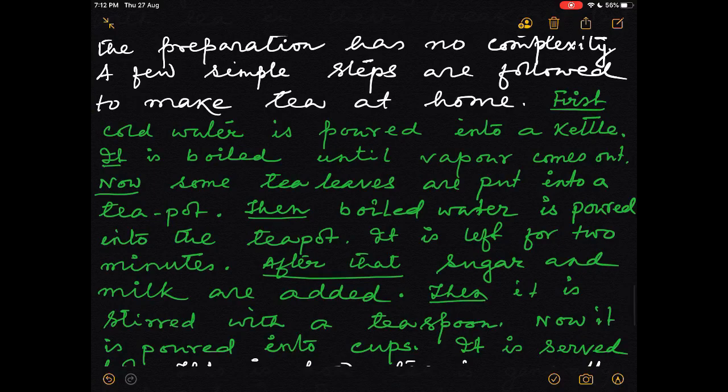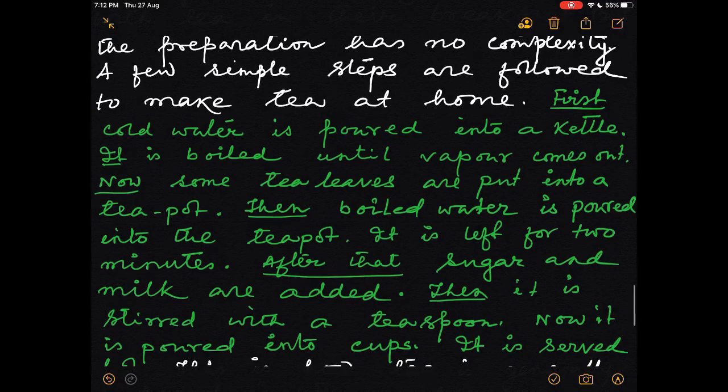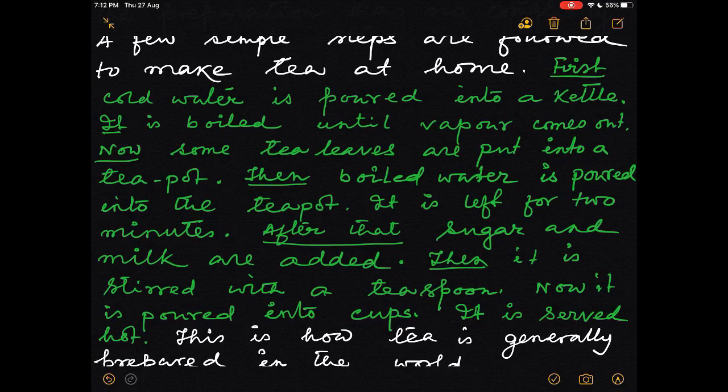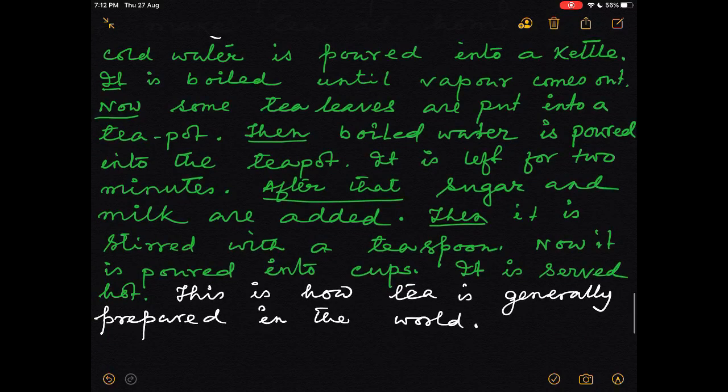It is boiled until vapor comes out. Now, some tea leaves are put into a teapot. Then, boiled water is poured into the teapot. It is left for 2 minutes. After that, sugar and milk are added. Then, it is stirred with a teaspoon. Now it is poured into cups. It is served hot. This is how tea is generally prepared in the world.